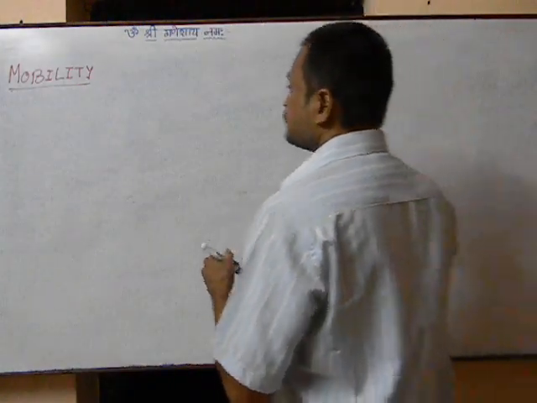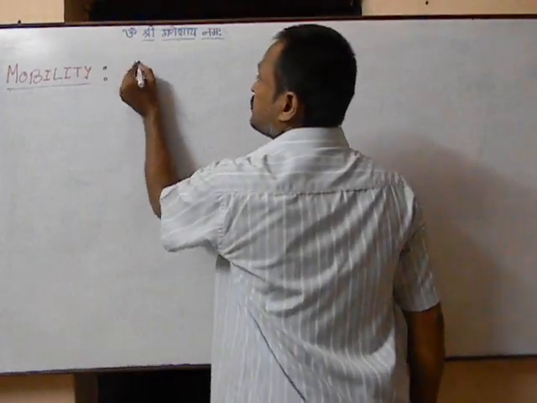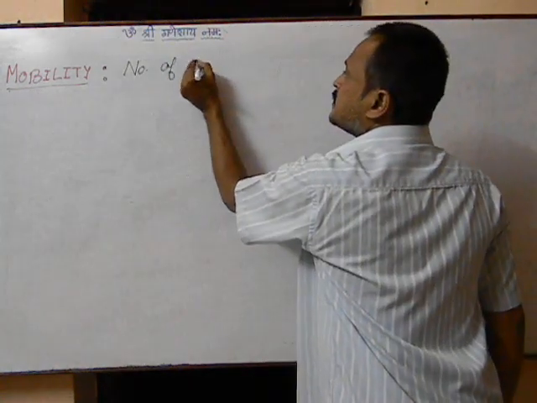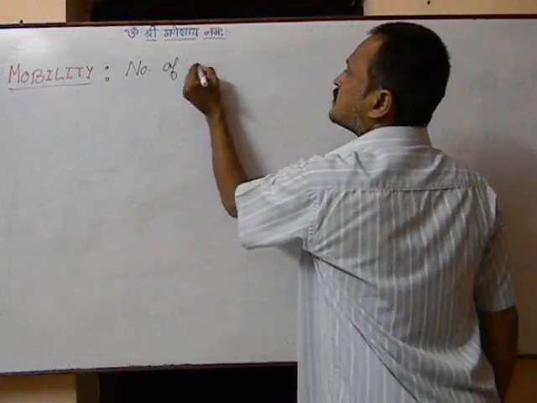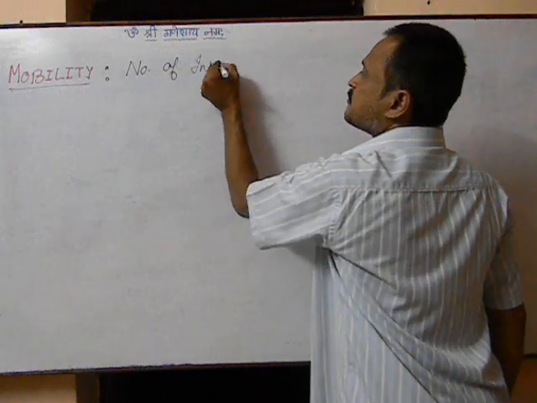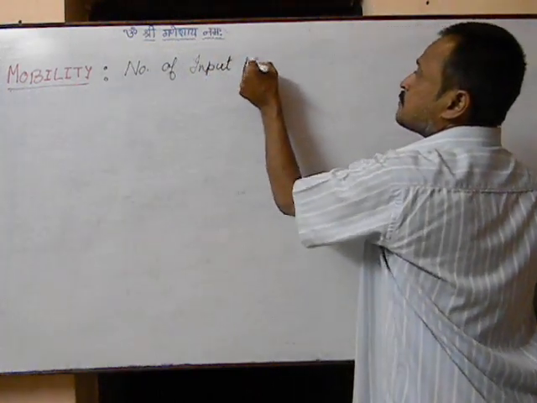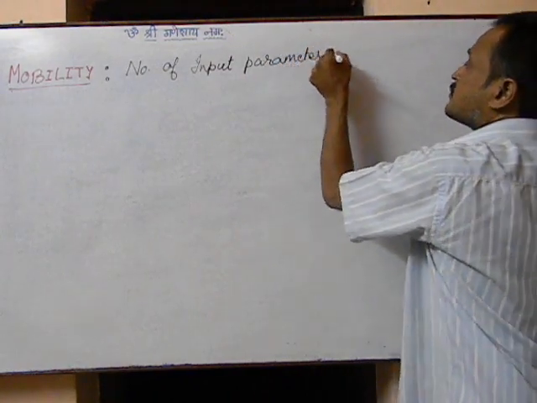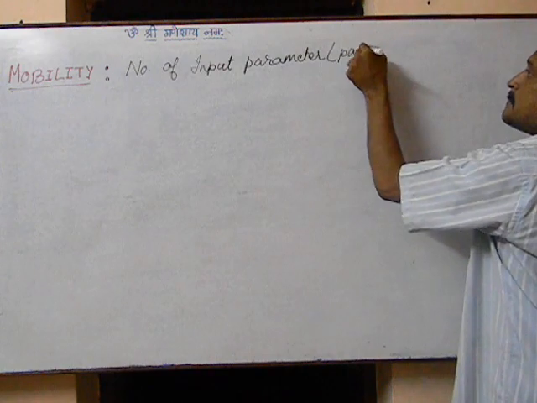we can say, it is the number of input parameters, definitely which are pair variables.